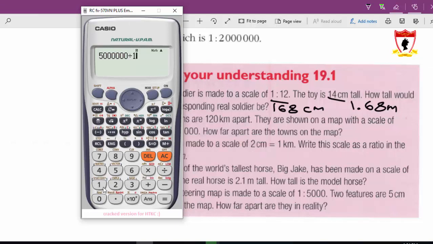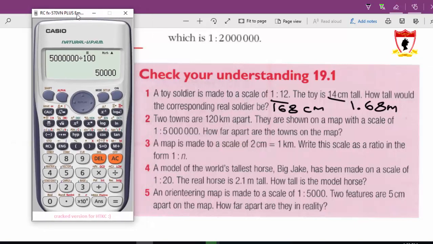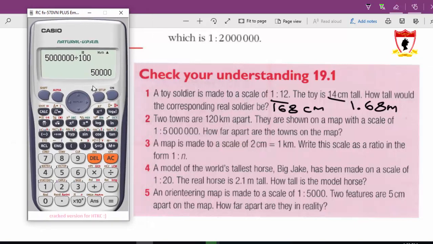If we divide this by 100, it will be meters. 5 million centimeters is equal to 50,000 meters. And if we divide this by 1,000, that gives kilometers. So it's equal to 50 kilometers.